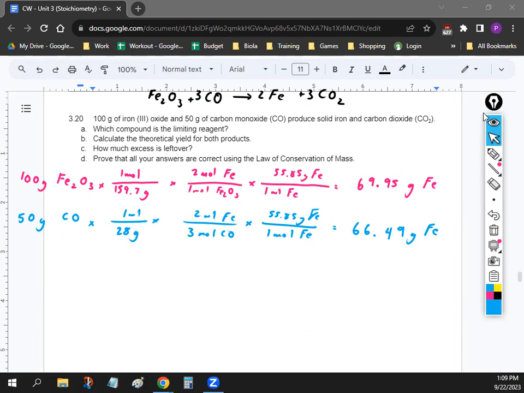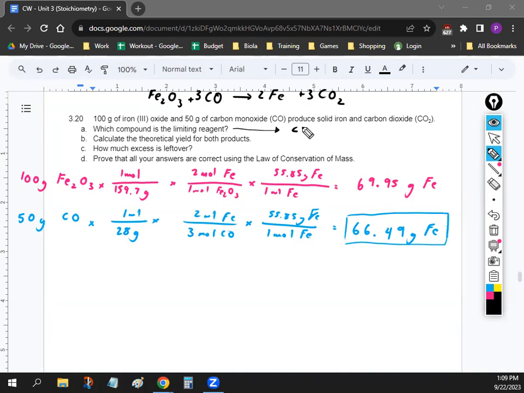At least. At least. Okay, so what's the actual amount of iron that we made? 66.49. This is the actual amount of iron that we made. Okay, so to answer part A, which compound is the limiting reagent?